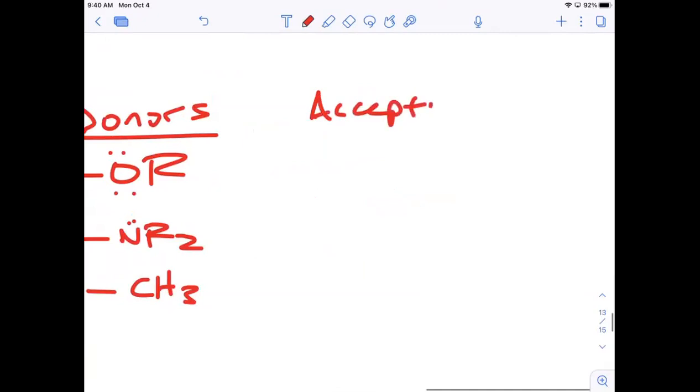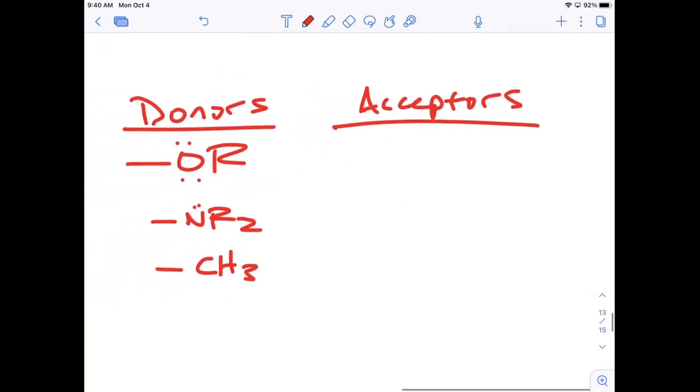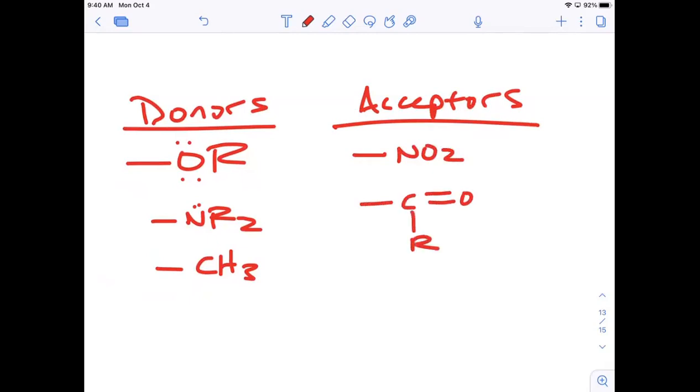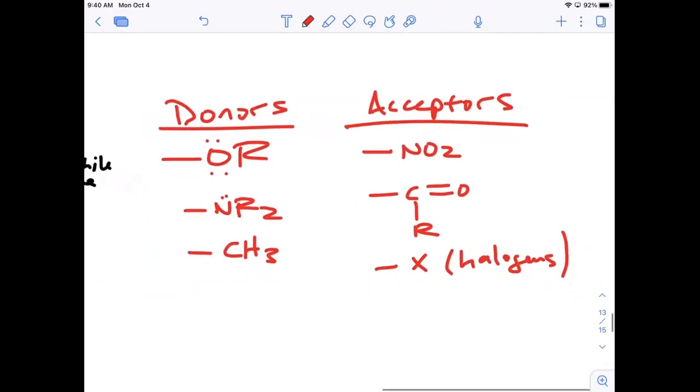And then acceptors. This is a good place for this, because when we start talking about aromatics, you're going to see the same concept with reactions of aromatics. Same identical concept. So you could put something like a nitro group, carbonyl, halogens. These are all considered acceptors.